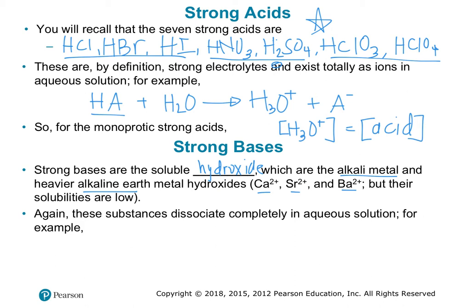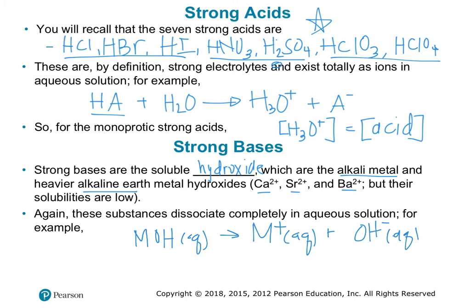So these again will dissociate completely in water. So we have our metal hydroxides that are aqueous. That means that we have the metal ion that's aqueous completely dissociating into that, plus our hydroxide ion.